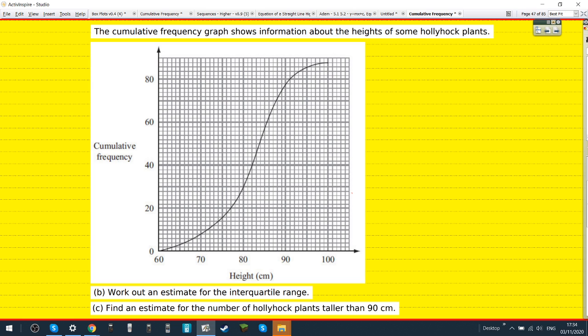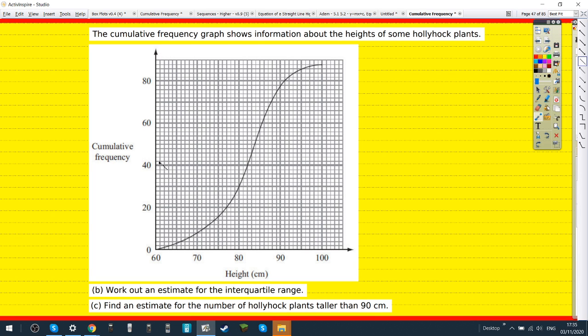Okay, let's find the interquartile range for this one. I remember we did the median for this one, and it was 44. So, for the interquartile range, first you find the quarter, and the quarter is 22.